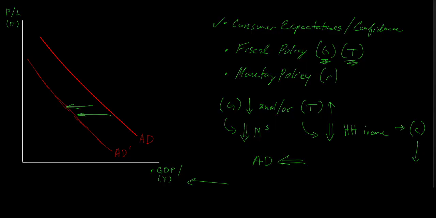And basically at every price level, since we were kind of here, maybe, and now if the price level didn't change, which I'm stating that it didn't, now we're here. But output at every price level is going to decline by that amount. So eventually, aggregate demand, which is spending, which fuels output, declines.